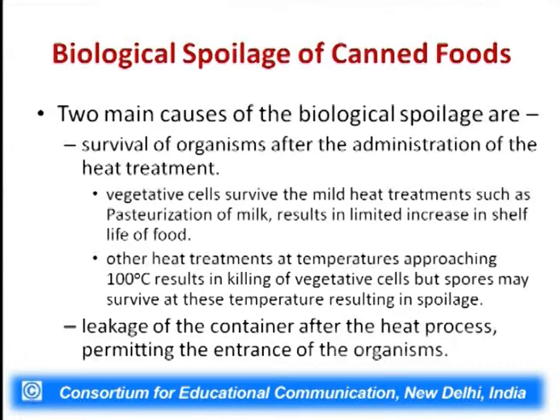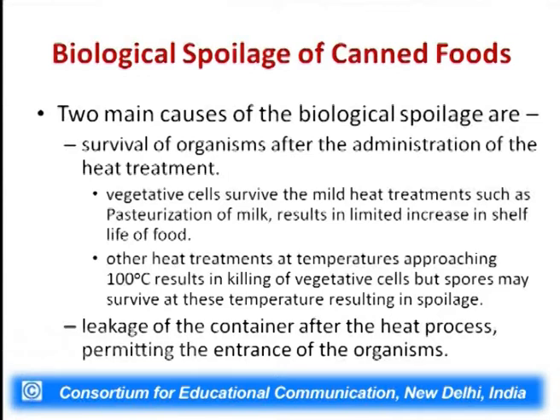When heat treatments at higher temperatures are given, the killing of vegetative cells takes place, but spores of bacteria may survive at these temperatures, resulting in spoilage. Another reason for biological spoilage of canned foods is leakage of the container after the heat process, permitting the entry of the organism into the can.